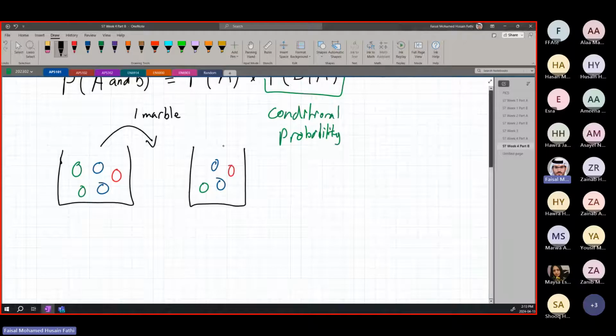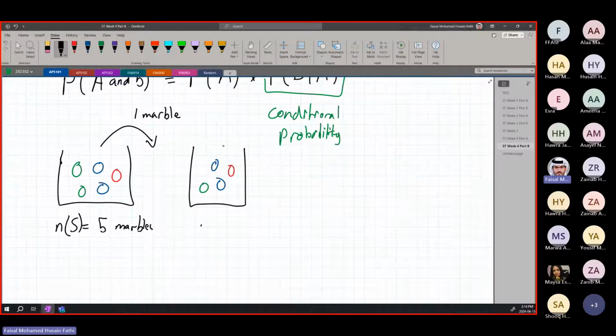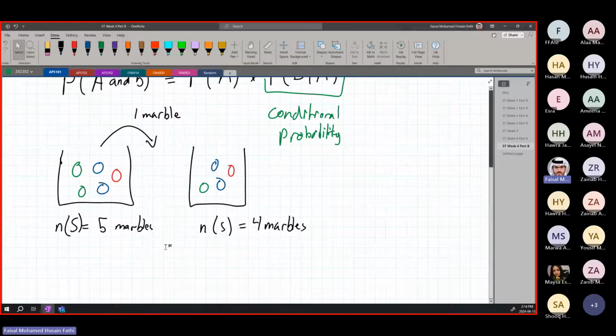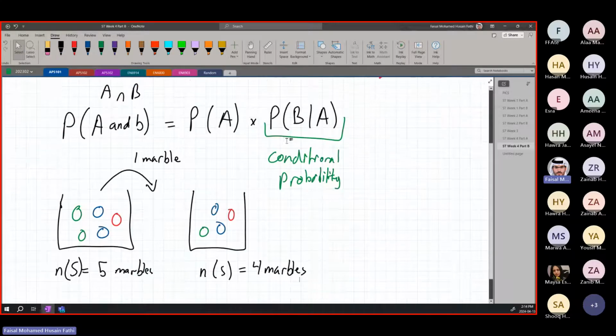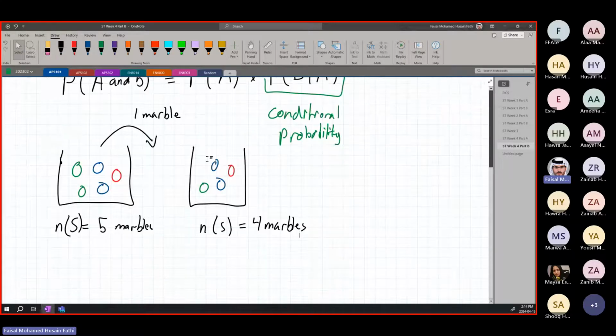Initially we have 5 marbles in total. Now our n has changed to 4 marbles total. This is what conditional probability means: now if you want to select a marble, the probability will change.